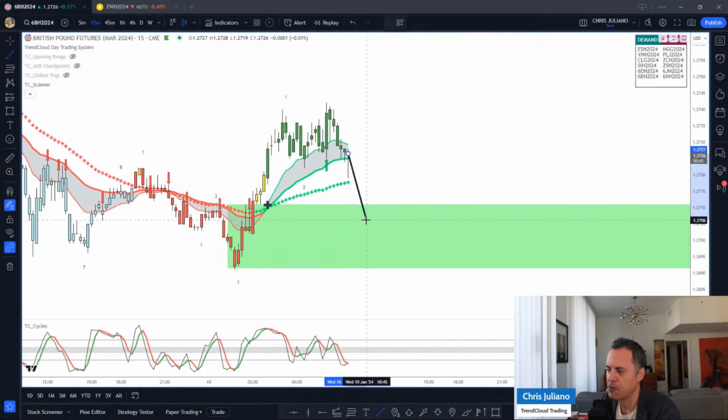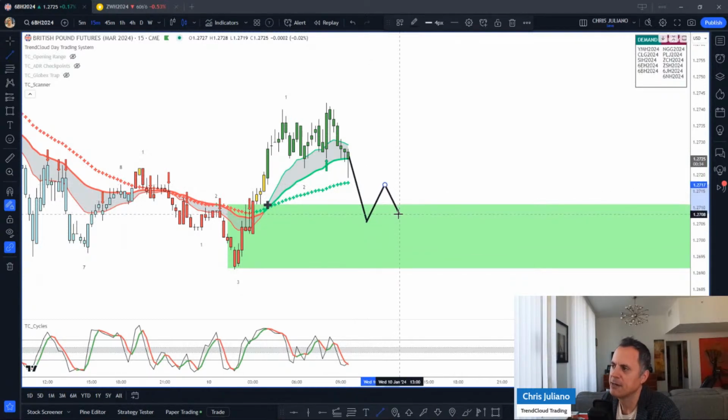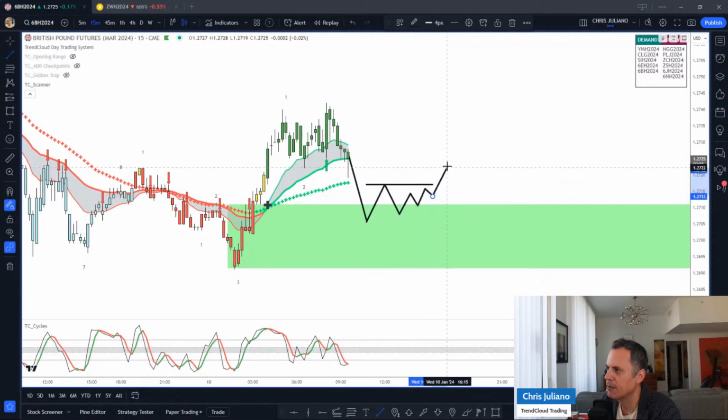Price pulls into the zone, right? Breaks out, forms some kind of pivot candle. Maybe you're starting to see a higher low, right? At your pivot candle, draw a line, and you're just waiting now. It could do something like this, right? We've seen this happen, right? What's that called? That's that little flag pattern, right?